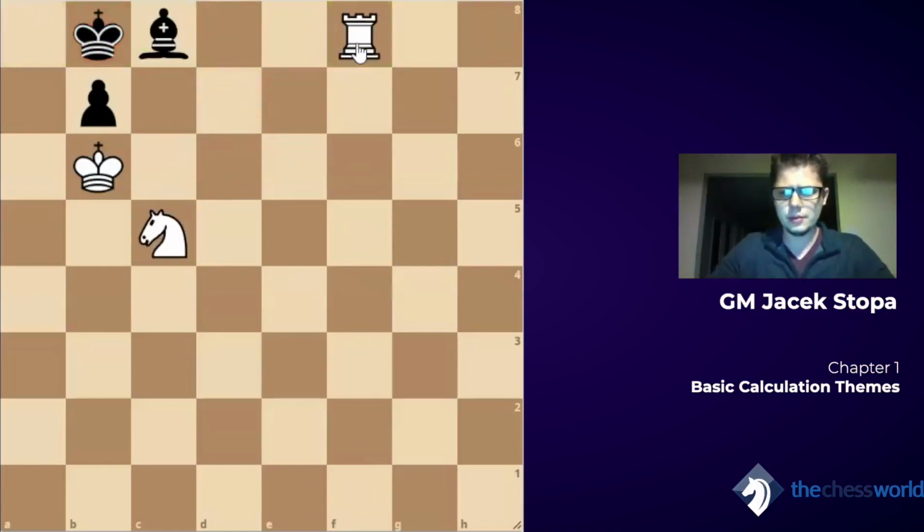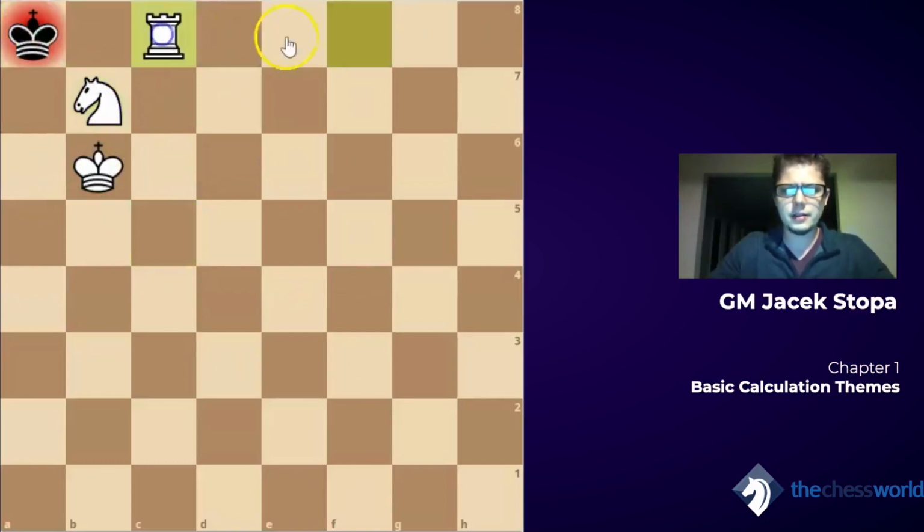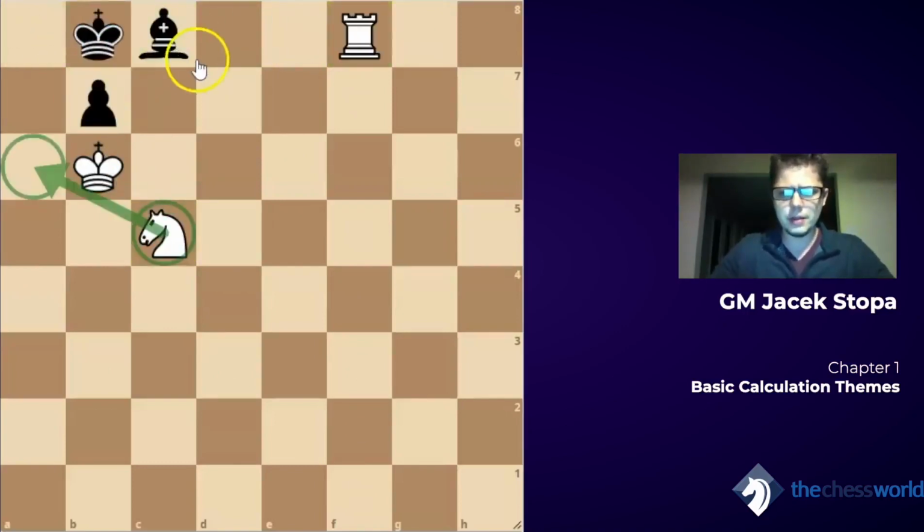The reason why this is not a good problem is that any knight move except for this one accomplishes the same exact goal, because the only move that black has is king a8, and there's the same checkmate. It's a trivial example, but it nonetheless introduces some important principle that I will expand on later.